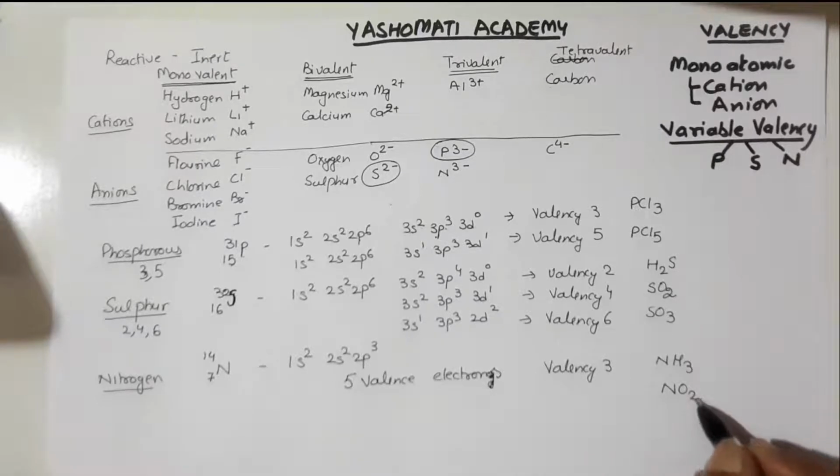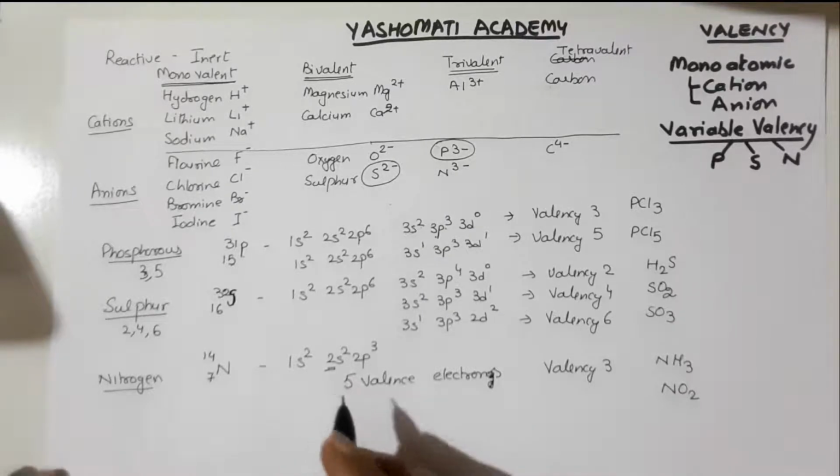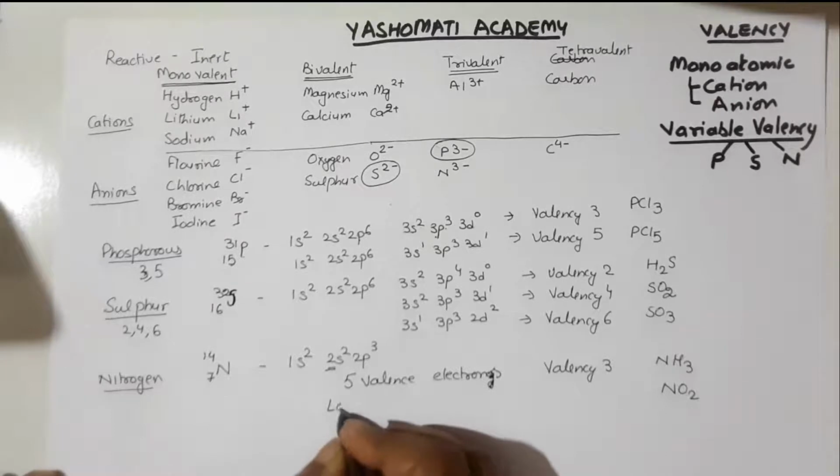The reason for this is that these two electrons which are present in 2s2 form a lone pair.